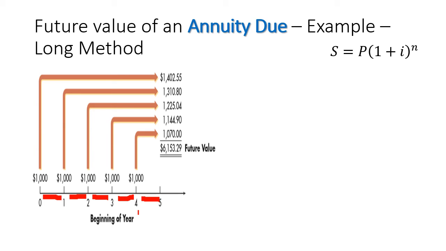The last amount, deposited at the end of year 4, will accumulate for just 1 year to be 1,070 Egyptian pounds. So the future value of all 5 deposit amounts will be 6,153.